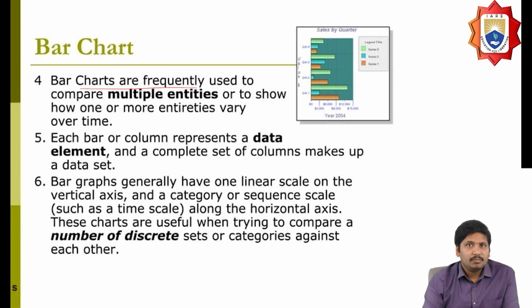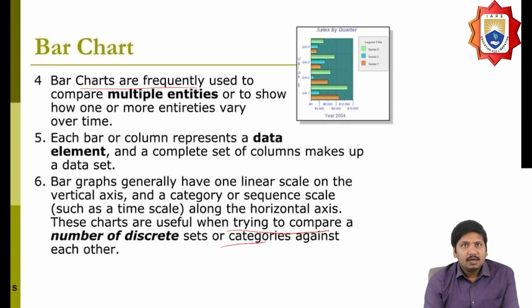Each bar or column represents a data element, and the complete set of columns makes up the data. The bar graph generally has one linear scale on the axis and categories on a sequential scale along the horizontal axis. These charts are useful when I compare different data sets or categories against each other.